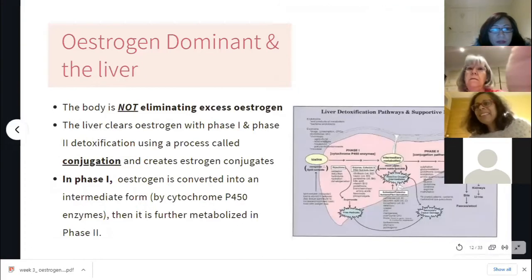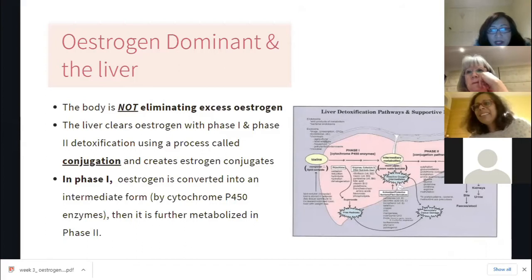Okay, so the problem with estrogen dominance is it's not just about the fact that we've got too much estrogen compared to progesterone. The core problem is that the liver and the bowel are not eliminating estrogen properly. So estrogen goes through several phases.